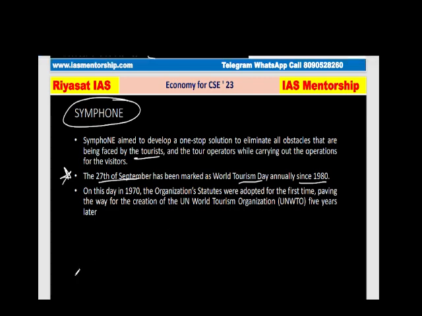Okay, you can understand it. Fine. Basically, ये tourism support के लिए है, tourism को बढ़ावा देने के लिए है by removing all the obstacles which are faced by your visitors and your आपके tour guides. Clear? Okay.